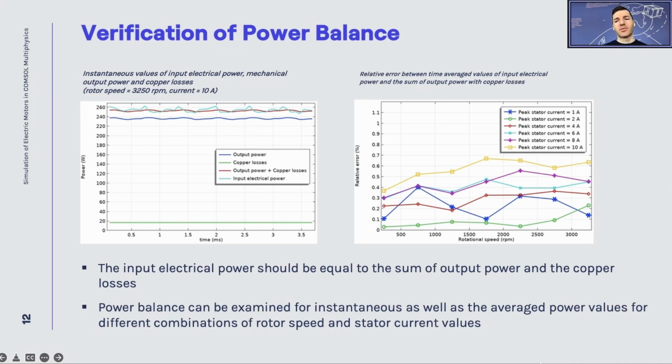And we can have different results, different sections here. One is just to check whether the input and the output plus the losses are equal. And here on the right-hand side, we can see the percentage error at the different rotational speeds, how they perform. So we can check the performance of the numerical computation, how accurate our calculation is at different stages, the different current excitations and the different rotational speeds also.